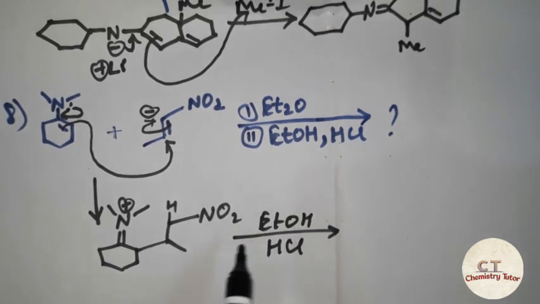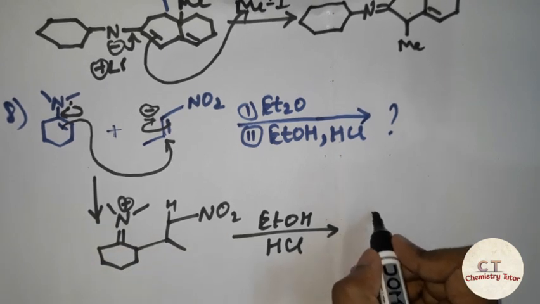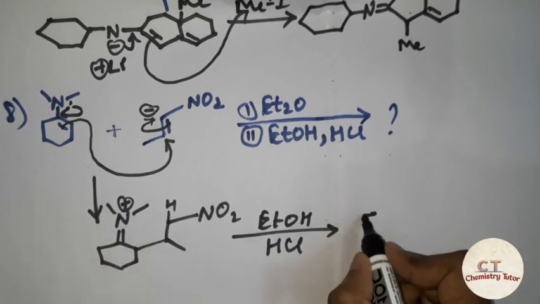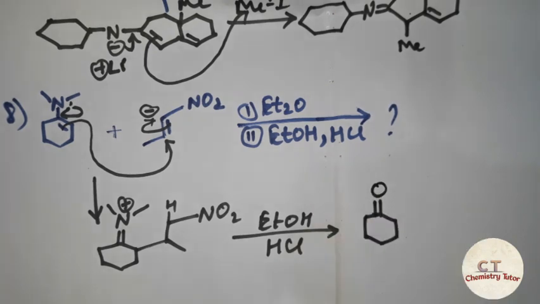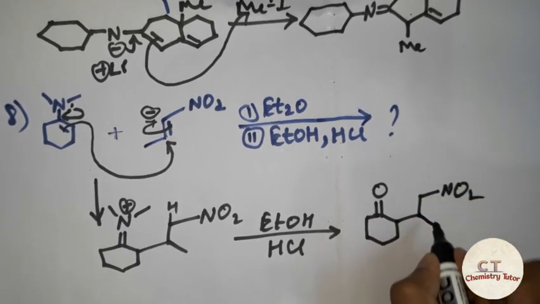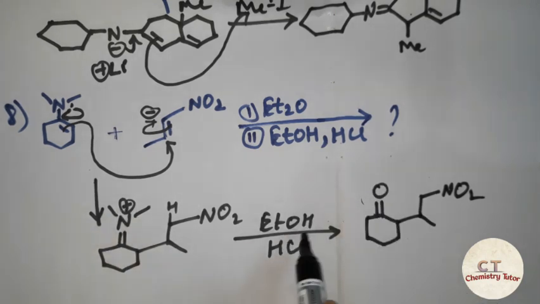Whenever acidic hydrolysis occurs in this system, since this is an imine type of system, on hydrolysis it becomes a ketone and the other part will remain as usual. Okay, here the imine system becomes a ketone on hydrolysis. So this will be the final product of this reaction.